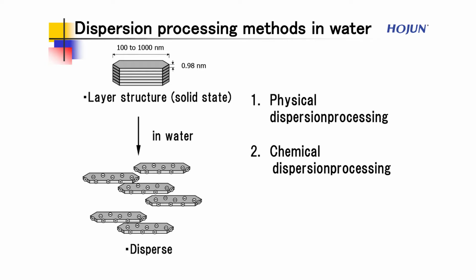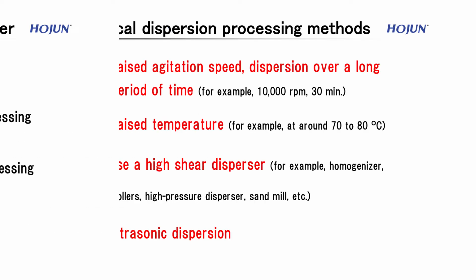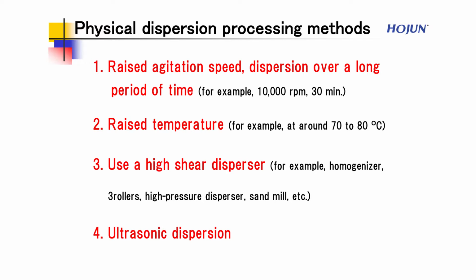Favorable dispersion is recommended for effective use of purified bentonite. This is an introduction for such a dispersion method. Methods of dispersion include physical dispersion processing and chemical dispersion processing. Physical dispersion processing methods include 1.